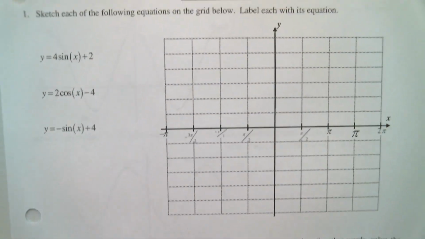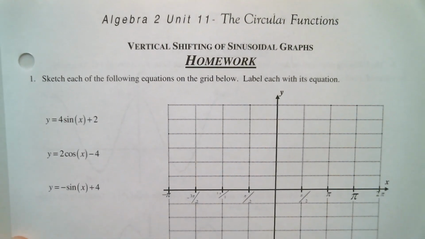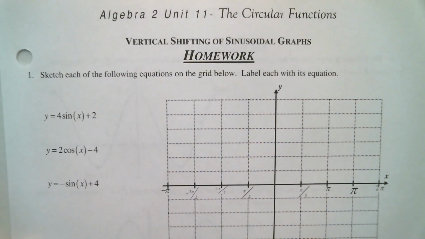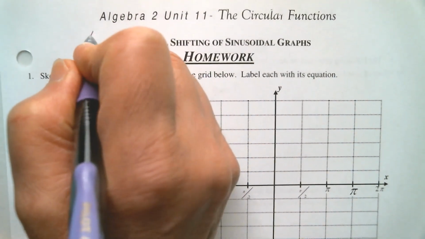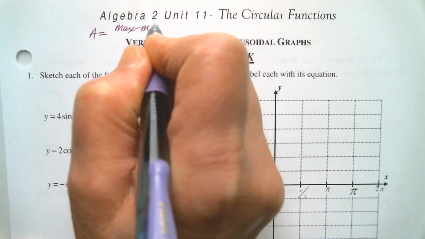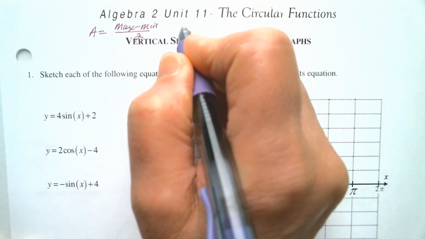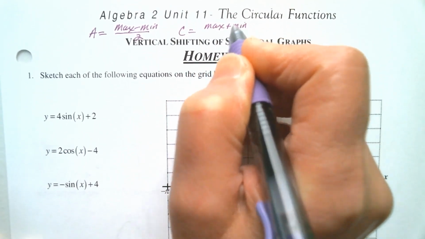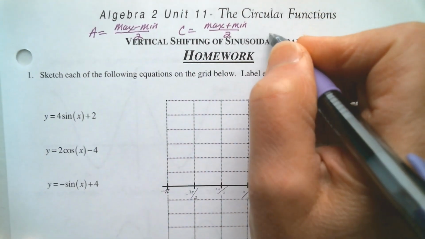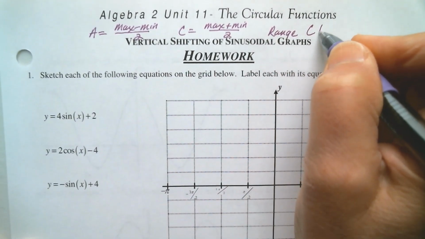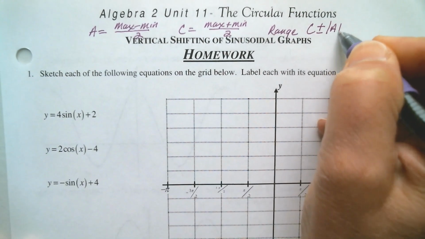So before you start your homework on page 374, write down those 3 formulas. A equals max minus min divided by 2. C equals max plus min divided by 2. And the range is your midline C plus or minus the absolute value of A.